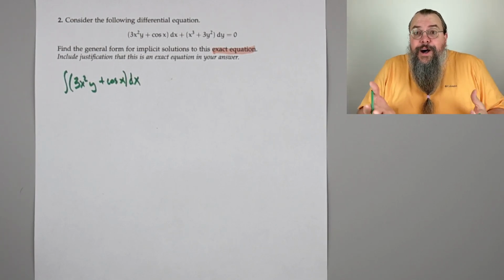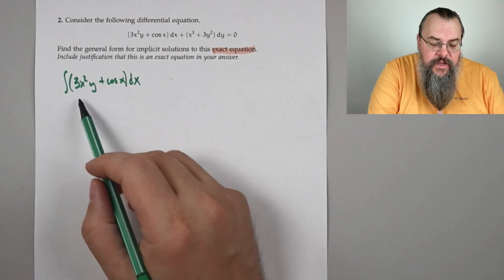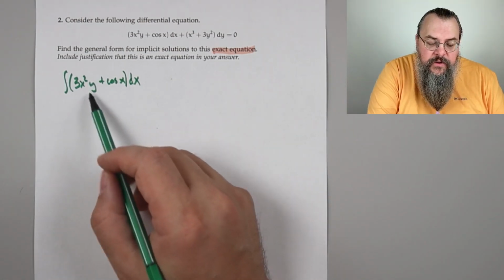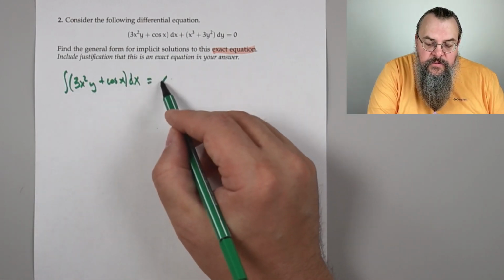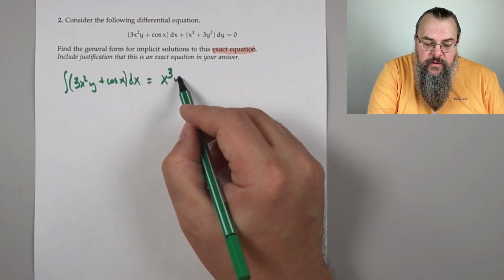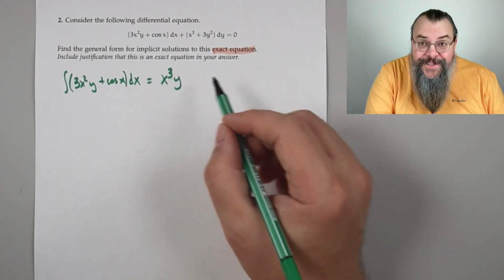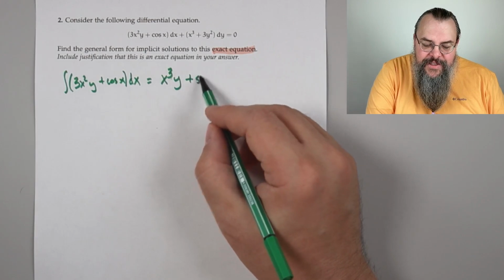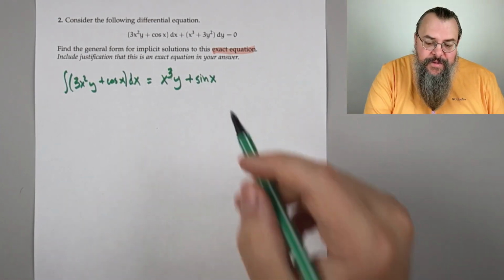So for example, y, we're going to treat like a constant. So when we have an expression like 3x squared y, there's a number, integral of 3x squared is x cubed. So x cubed y, integral of cosine is positive sine. Sine and cosine have that sneaky thing where it's positive. You've got to be careful, but that's all right.